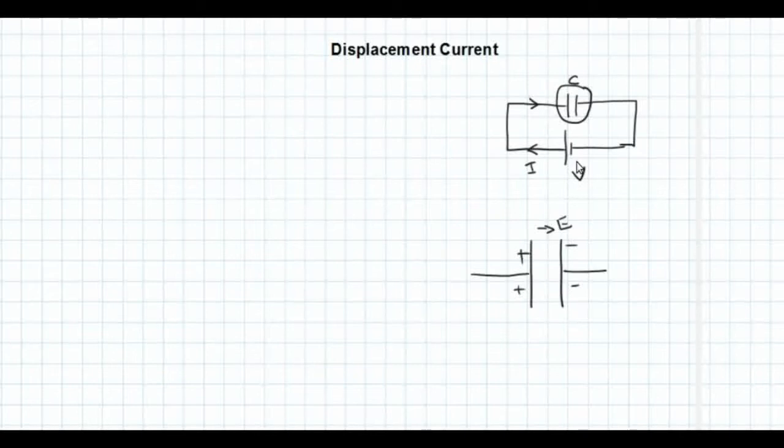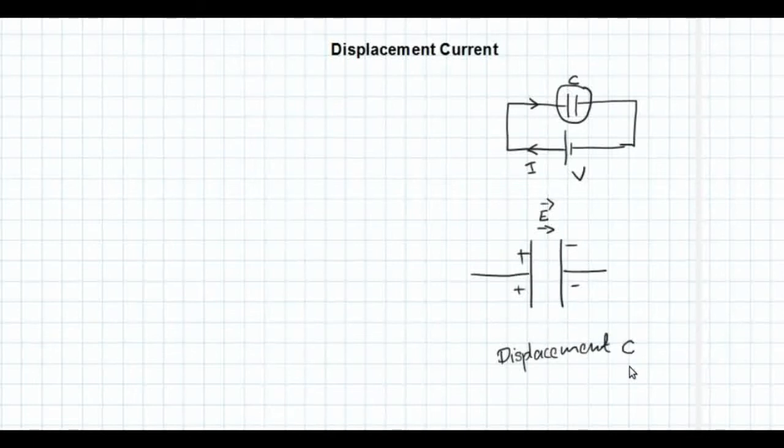When we switch on the circuit, gradually the number of charges on both sides increases, and as a result the electric field in the space between the plates also gradually increases, right? So displacement current is produced within this region.